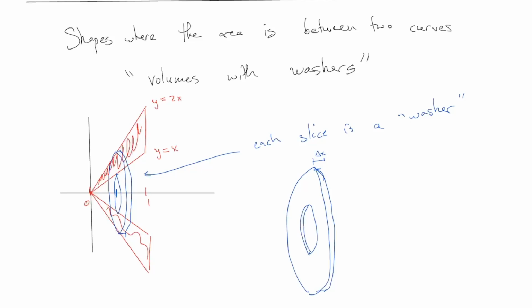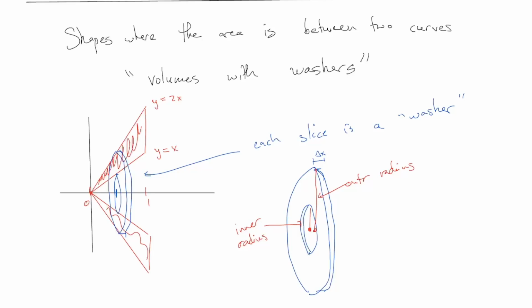Now, how specifically we're going to write that is not so difficult. This, of course, has a center, and it has what I'm going to call an inner radius and an outer radius. The outer radius is the one going all the way to the outside, and the hole through the middle also has its own radius. So this is the inner radius and the outer radius.